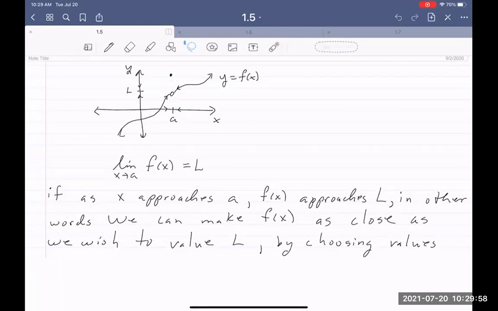Because at a, we're way out here. But near a, we are closer and closer to L. We really don't care what happens at the point a. But I do want to approach a from values both smaller than and greater than a.